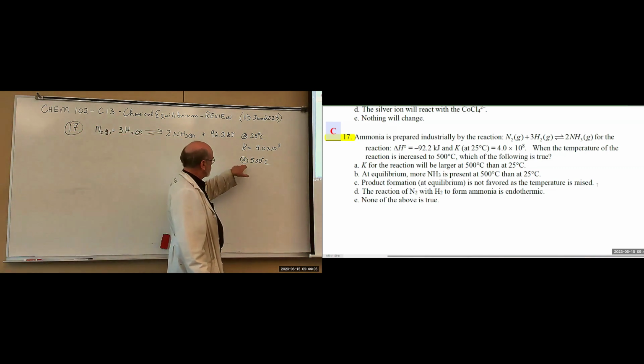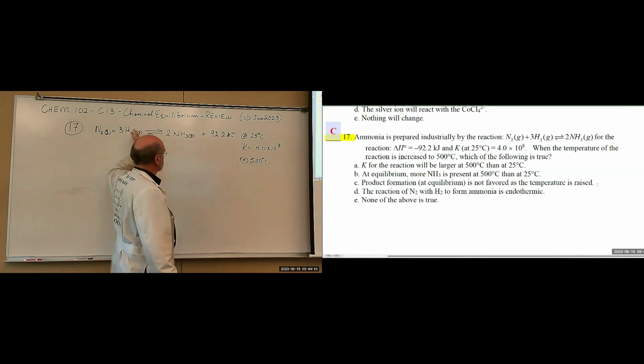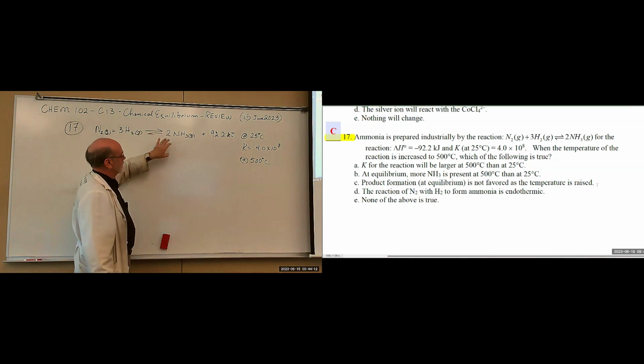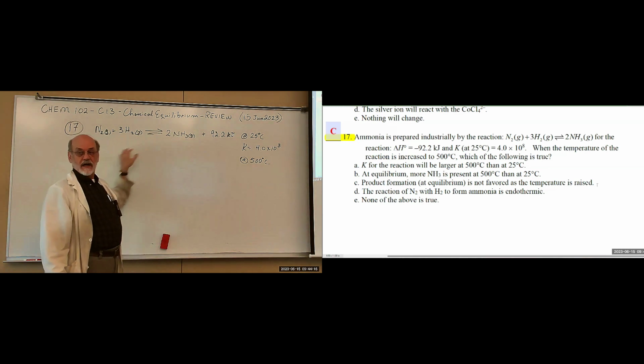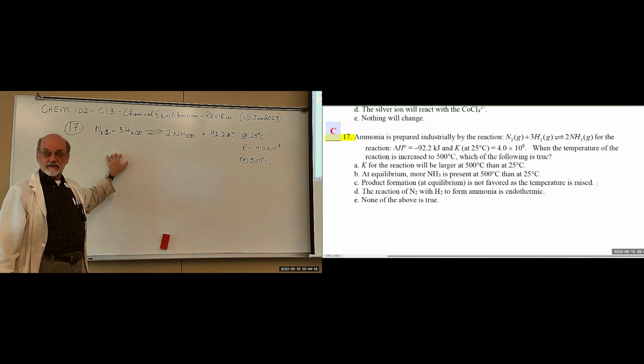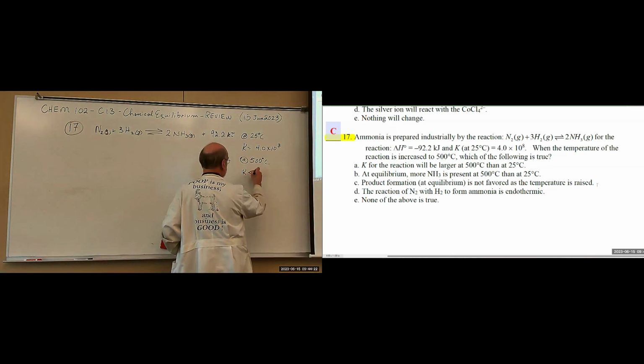When you increase the temperature on an exothermic reaction, you drive the equilibrium to the left. So that means the product in the numerator is going to decrease and the denominator is going to increase. So the value of K here is going to be much, much less than 1.